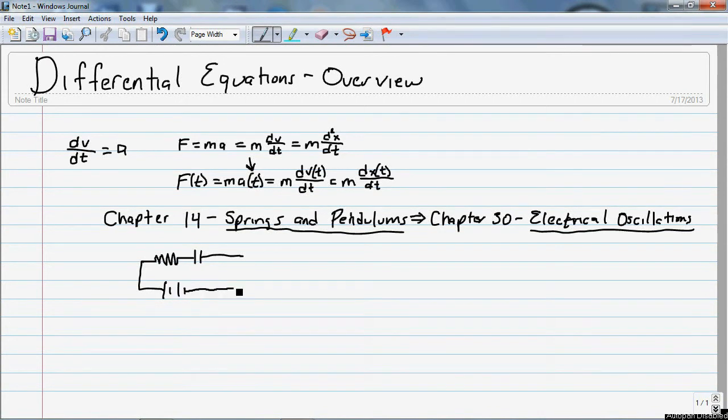Now, I know this is probably a little bit strange to you at the moment, but just so that you kind of understand, these are electrical parts.